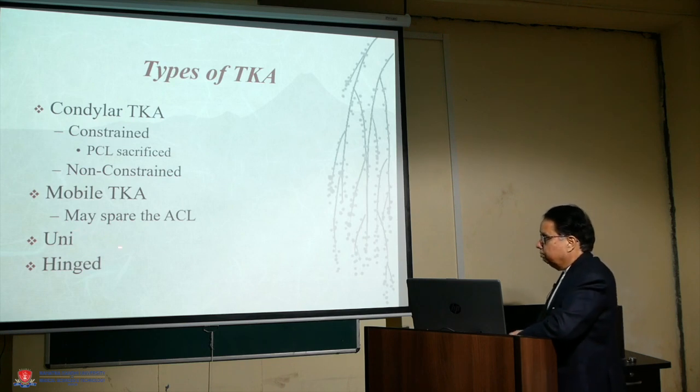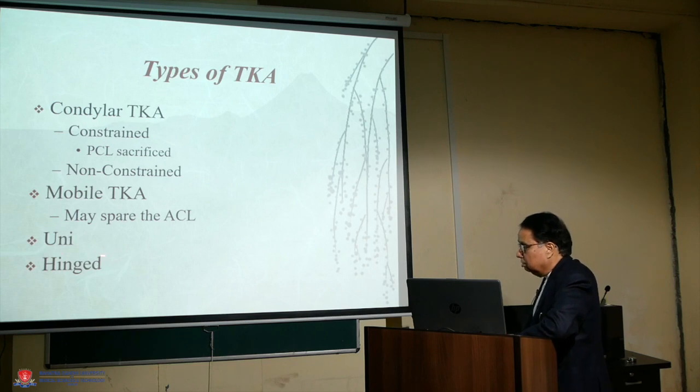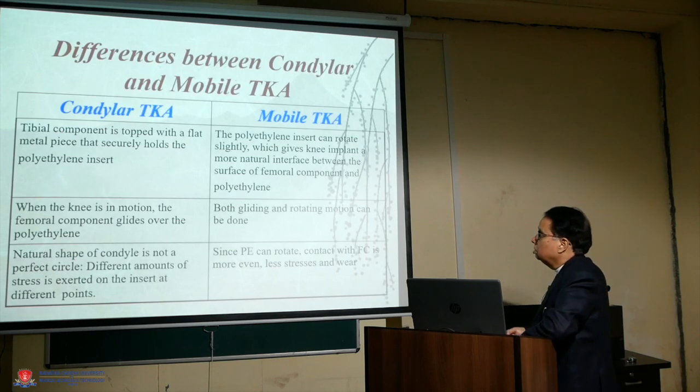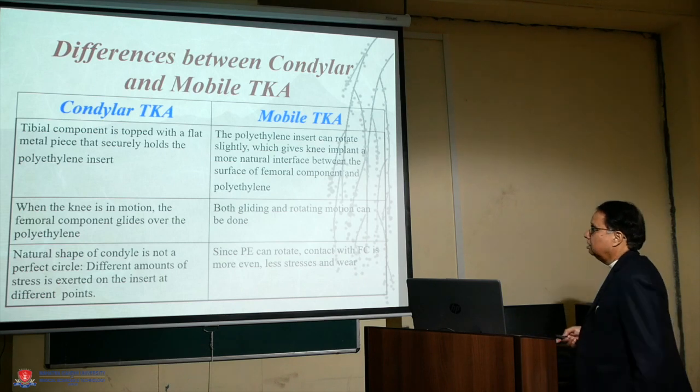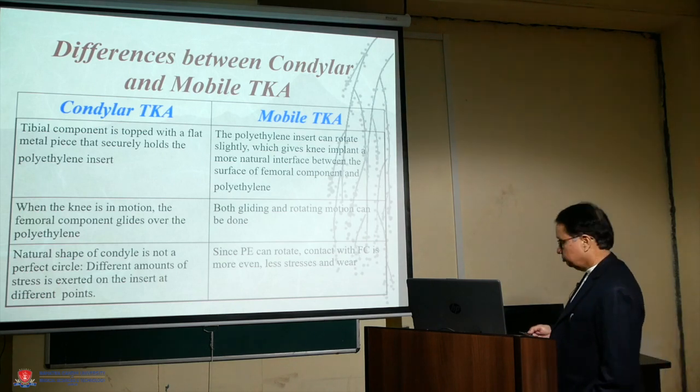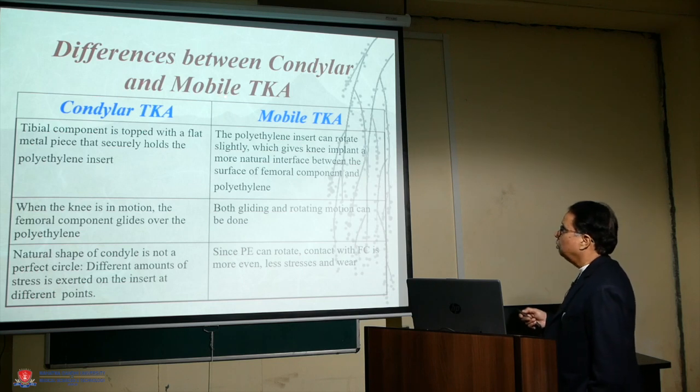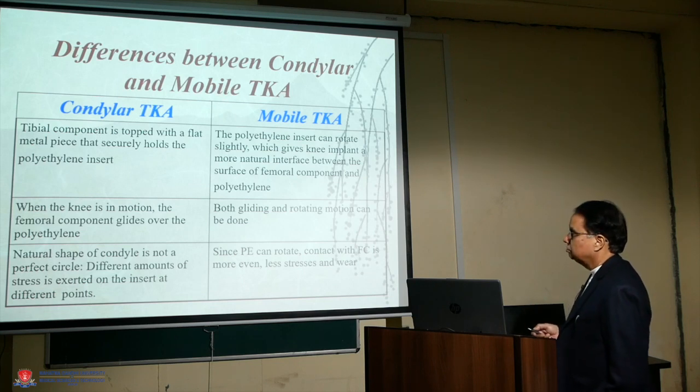Then there are a lot of different types of injury or degeneration which need a hinge type of knee joint. So now we are going to discuss the difference between the condylar and mobile TKA.